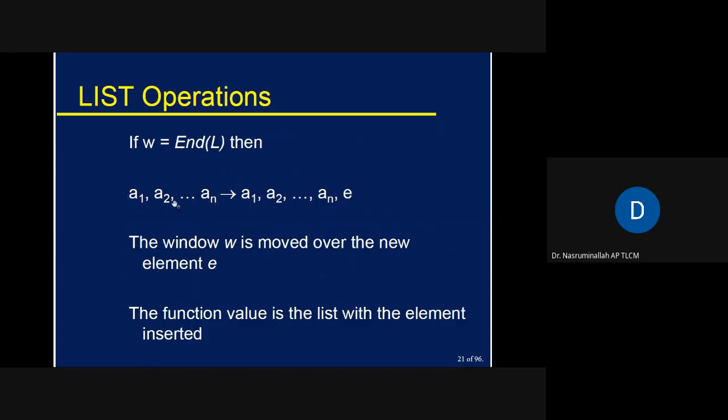So if this is a list containing a1 to an elements, and the end of the list is the location after an, the new element will be inserted after an in the list. Keep in mind that after every insertion, the updated list is returned, and the window is always focused on the newly inserted element within the list.